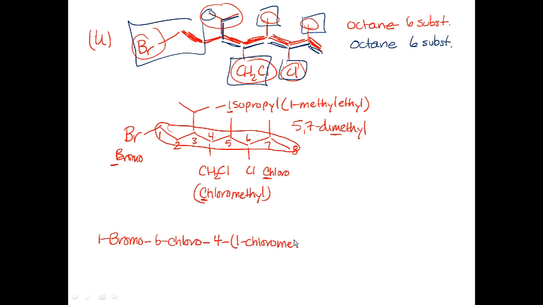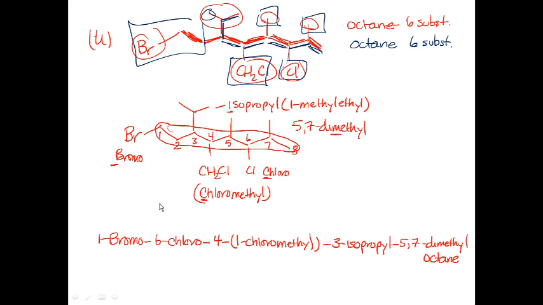The 1 is actually kind of unnecessary because if you've got a chloromethyl group, there's only one place the chlorine can be attached to. But I'll put it in as a 1 chloromethyl just to be consistent. Then a 3 isopropyl and a 5,7 dimethyl octane.